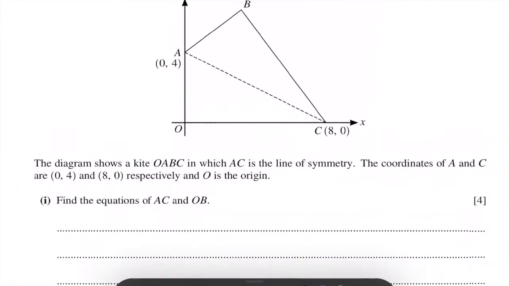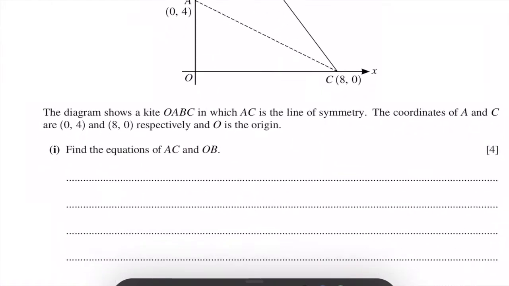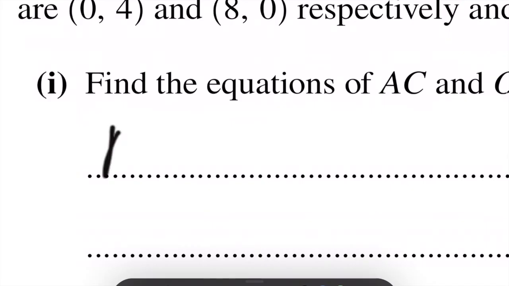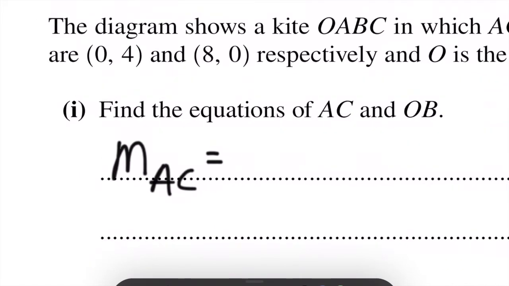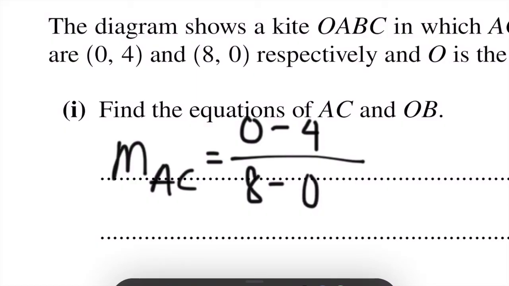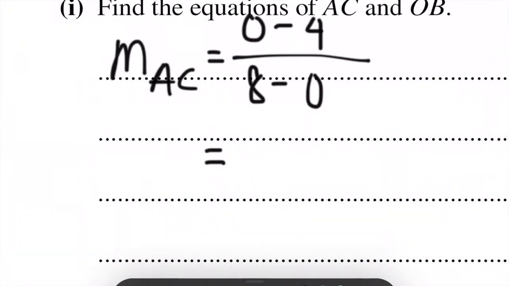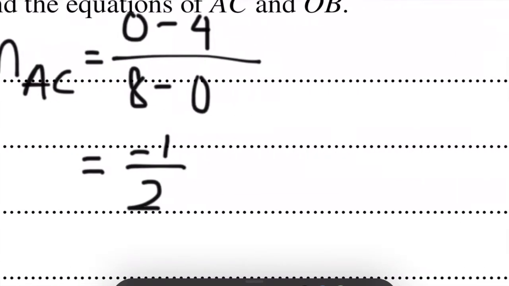To find the equation of AC, you will need to find the gradient first. So the gradient of AC is equal to y2 minus y1 divided by x2 minus x1. We get negative half.